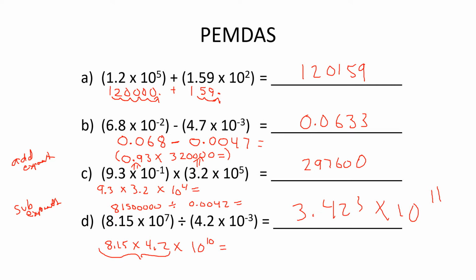Yeah, that's right. 34.23 times 10 to the 10. Move this guy over 1. This guy becomes 11. Yeah, that's good.